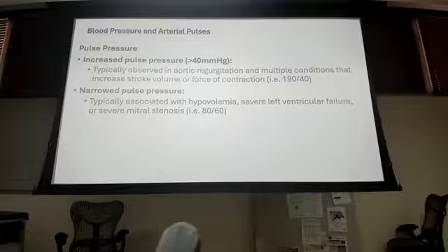If you have a narrowed pulse pressure, where your systolic and diastolic blood pressure differences are reduced, you're thinking of a low volume state. So whether it be dehydration or maybe hemorrhagic shock, like a trauma patient who is bleeding out, that can lead to a narrowed pulse pressure.